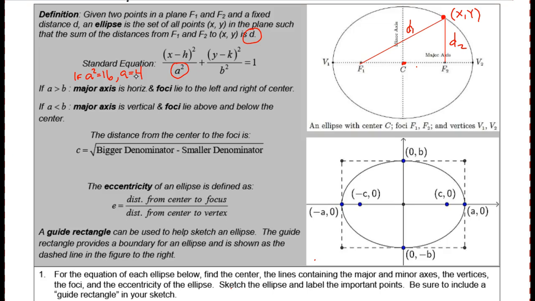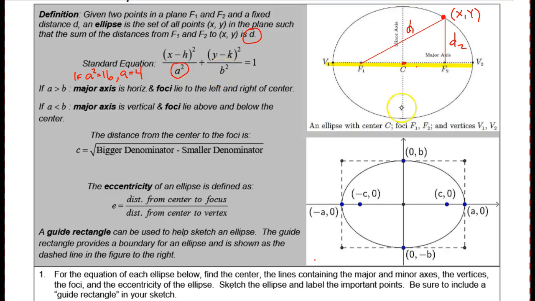So let's take a look here. If we have these two inequalities: if a is greater than b, so if this denominator is bigger than this denominator, the major axis is horizontal, and the foci, or that's the plural of the word focus, lie to the left and right of center. So this ellipse right here shows a major axis that is horizontal, so that means the quantity a must be bigger than the quantity b.